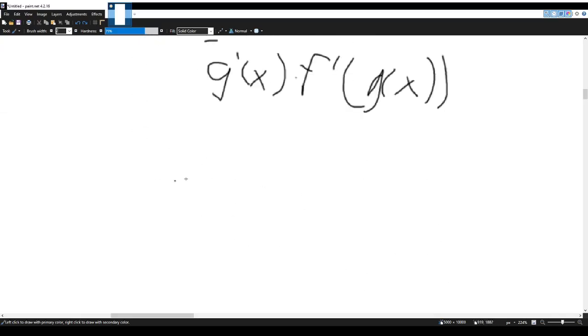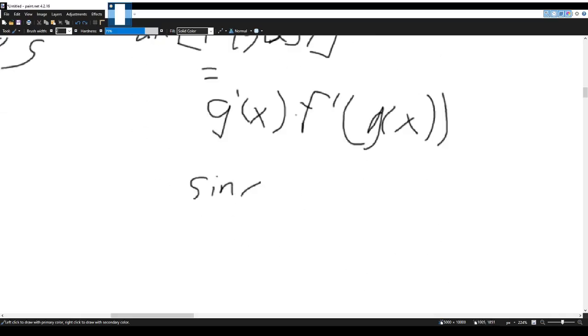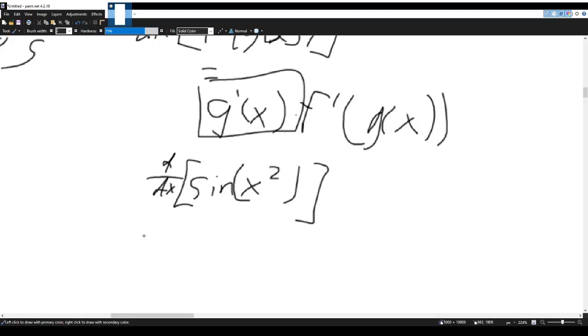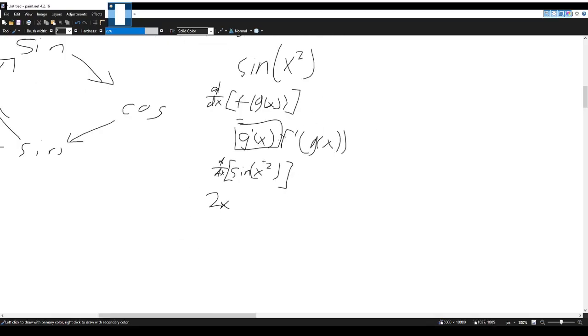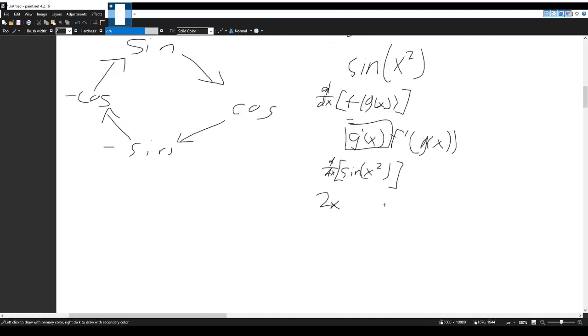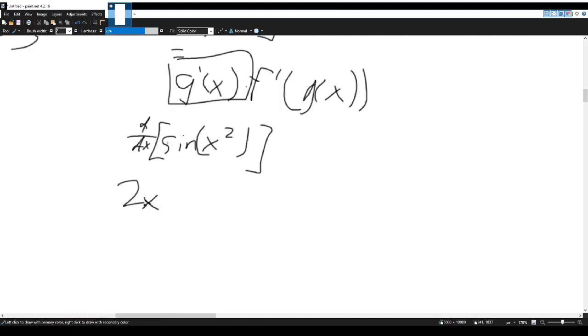So if we use our example from earlier, sine x squared, and we want to find the derivative of this, first we need to see what's g of x and what's f of x. f of x we saw earlier is sine x, and g of x is x squared. So we want the derivative of x squared, which is going to be 2x, like we saw with the power rule from earlier. And then what is the derivative of f? Sine goes to cosine, so the derivative of f is cosine x.